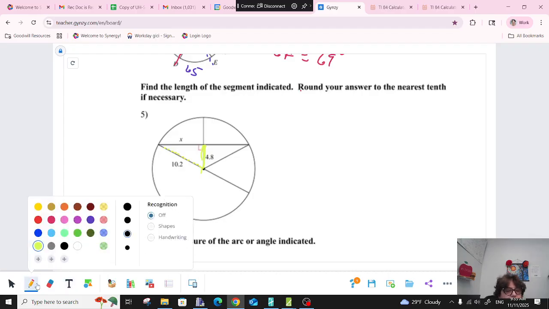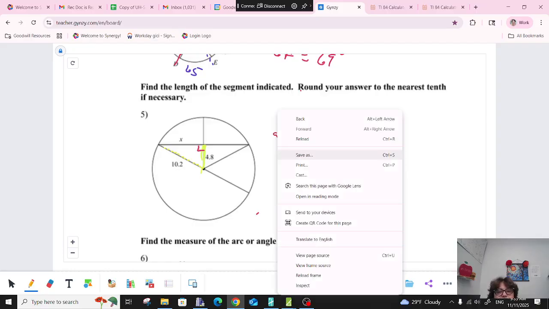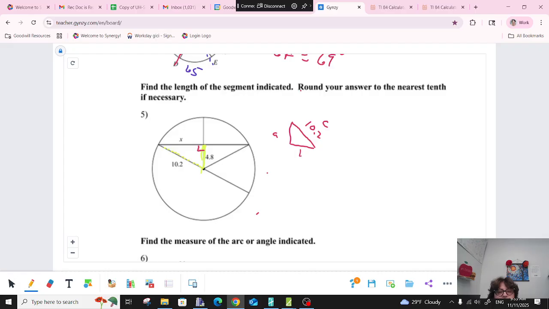And since it's a triangle, and it's a right angle right here, what could I use to find the missing side of a right triangle? Yep, a squared plus b squared equals c squared. This is your hypotenuse here. That's c. These would be your a and b, right? And I could call this 4.8.